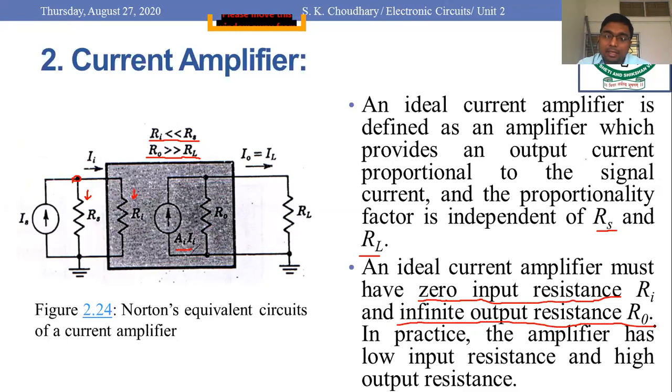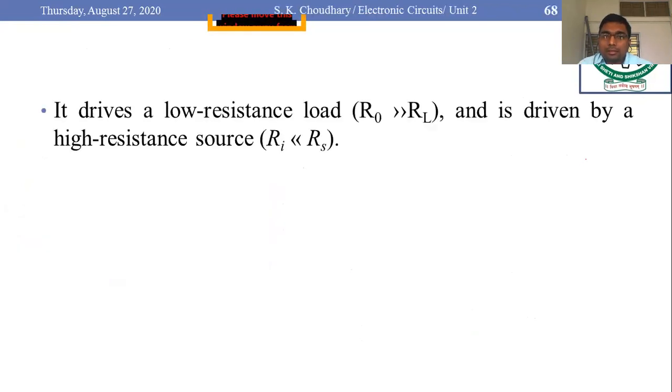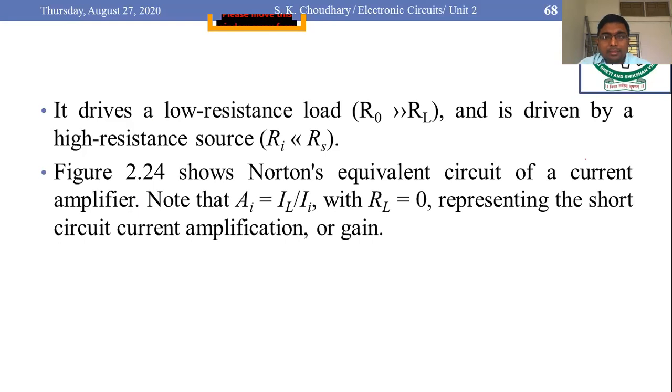But in practice, an amplifier has low input resistance Ri but finite value, and high output resistance R0 but having a finite value. Now you can see the relationship we have already derived. R0 should be very much larger than RL and Ri should be very much less than Rs.